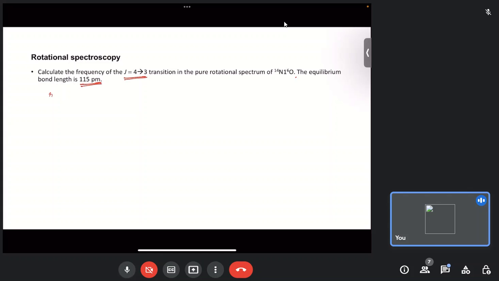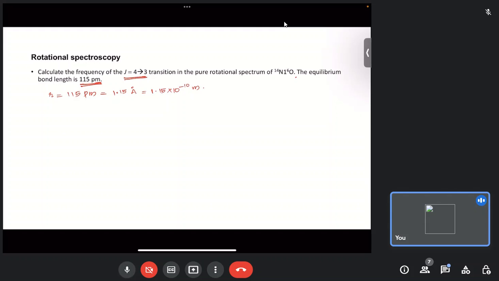So the r value here is 115 picometer, which is equal to 1.15 angstroms, or 1.15 into 10 to the power minus 10 meters.